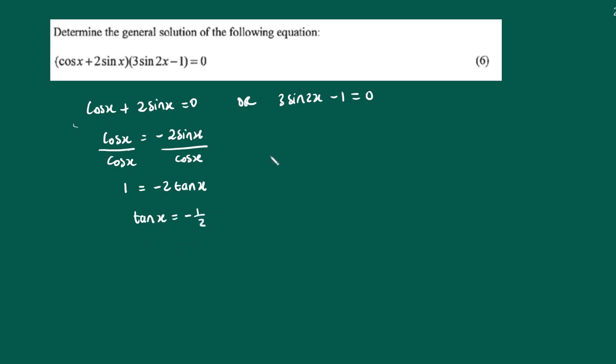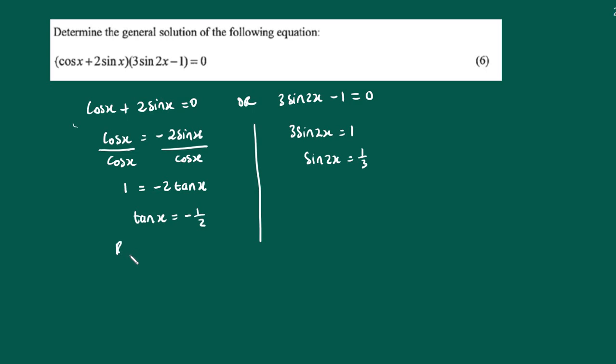Then you come to this other one. You say 3 sin 2x is equal to 1. Then sin 2x is equal to 1 over 3. Then reference angle.